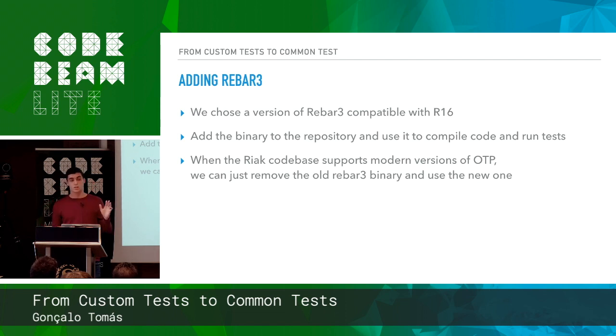We added the binary to the repository, and whenever we wanted to test if things worked, we used the local binary of rebar 3 instead of the user's version, which, of course, wouldn't be compatible with an older version of Erlang. And the advantage is that when Riak 3.0 comes out and it supports modern versions of OTP, the only thing I need to do is pull the old binary out and use the user's version of rebar 3.